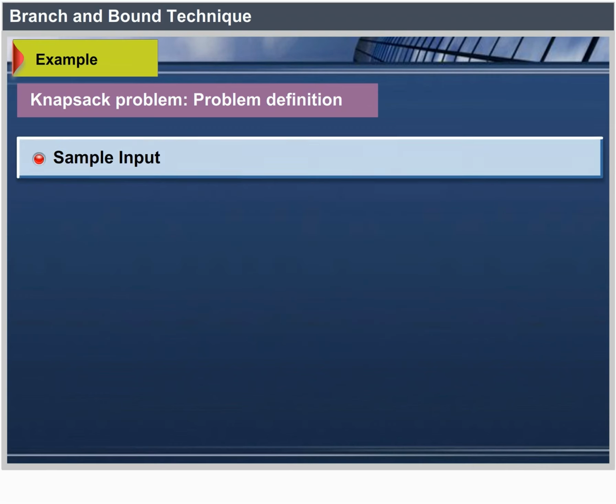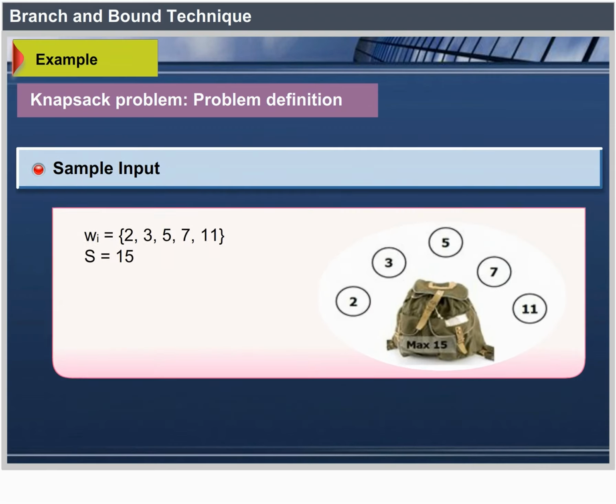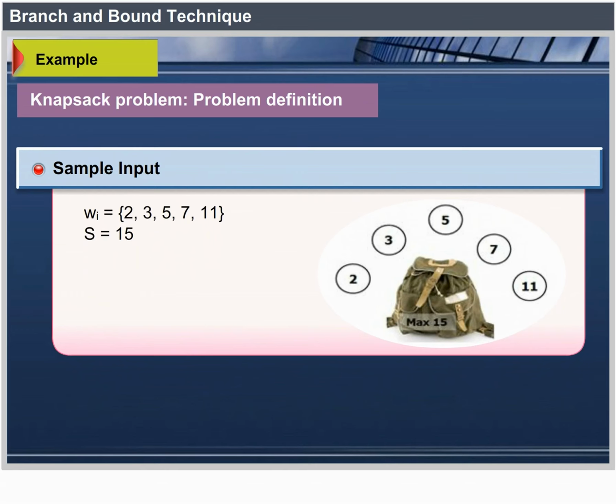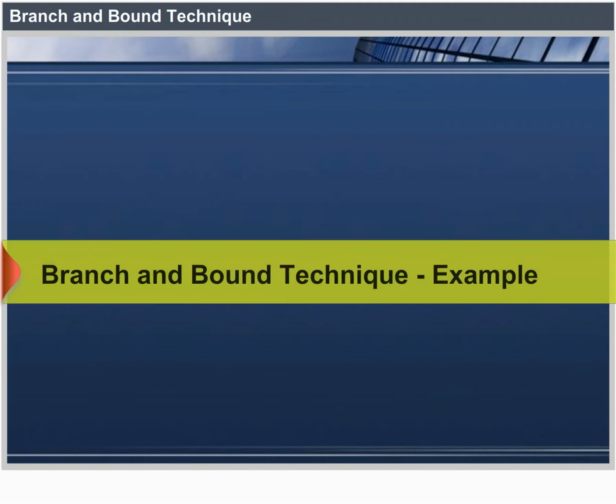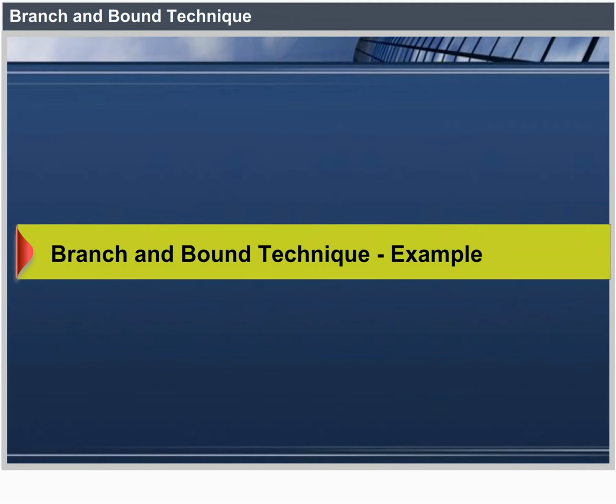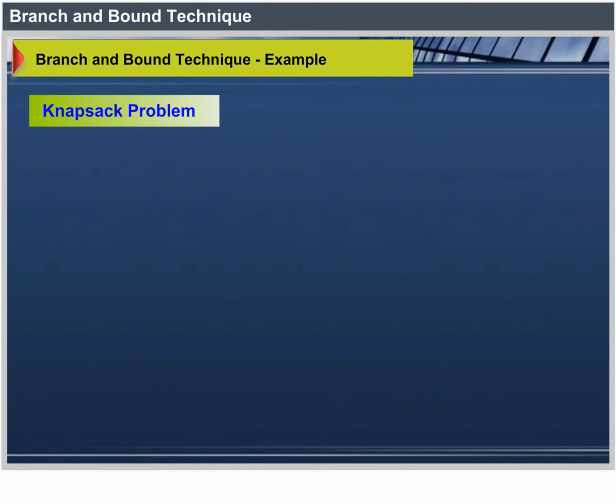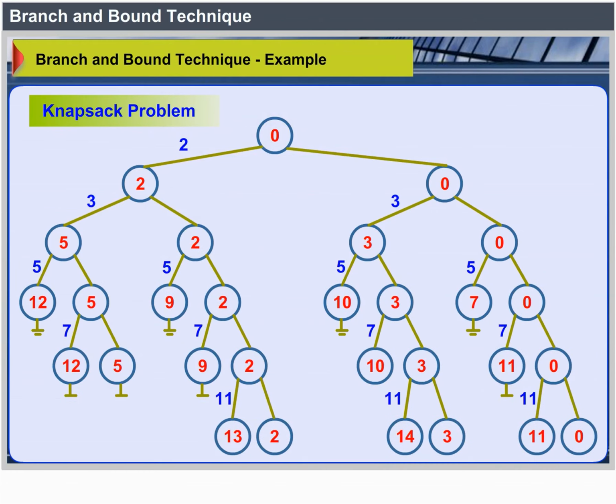Sample input: Wi is equal to 2, 3, 5, 7, 11. S is equal to 15. A branch and bound technique example is given here. The knapsack problem is shown here.